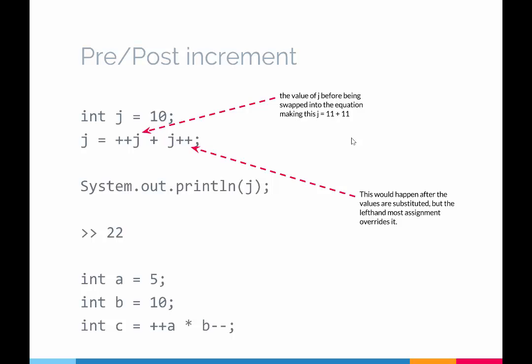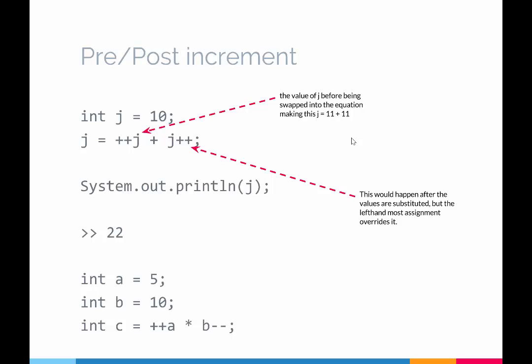This says use j first, which is 11. So this gets swapped out with 11. Then it says increment j after we used it. Okay? So this equation is j is equal to 11 plus 11. Now, because we have this double assignment of here and here, this is the one that gets used, and this gets dropped. Let me repeat. This does nothing to the equation.